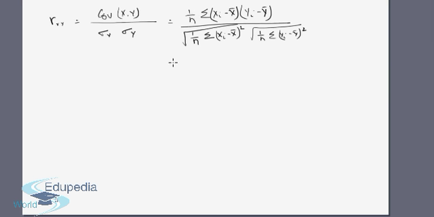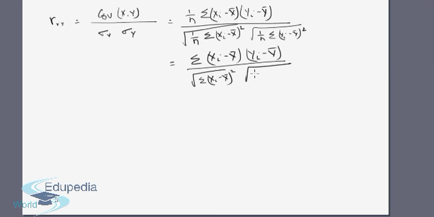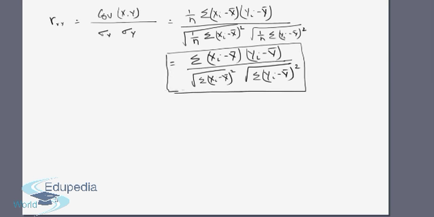Both of these get cancelled, and that's how you get the first form of the formula, that is summation xi minus x bar times yi minus y bar divided by root under summation xi minus x bar square times root under summation yi minus y bar square. So now let's take this formula and work out the problem with this.